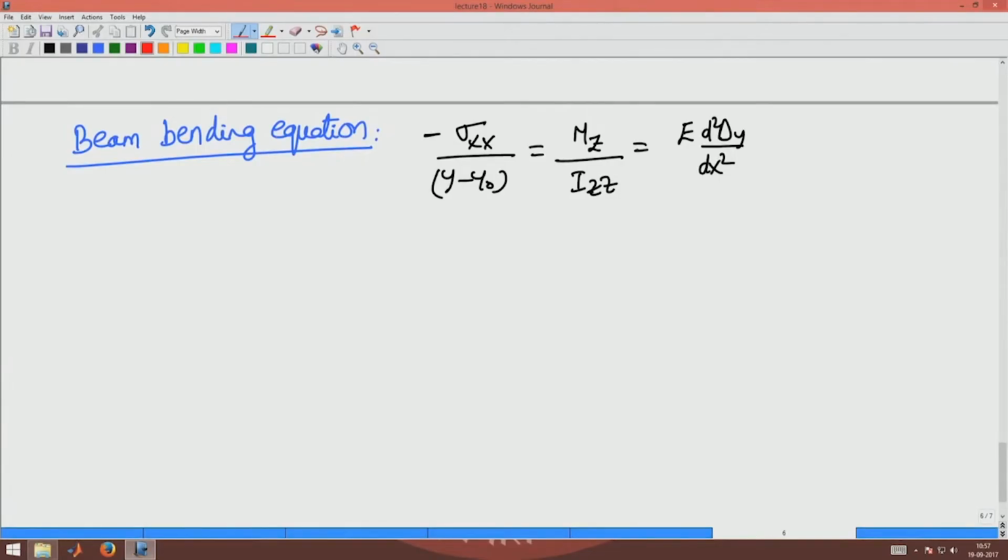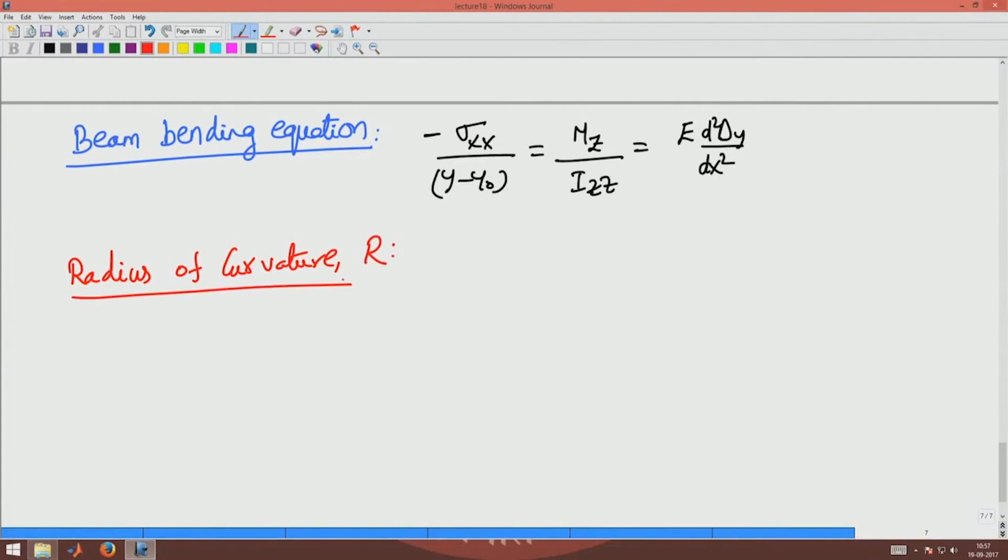Now, let us understand what radius of curvature is first. What we are trying to do is understand the meaning of radius of curvature R. Say I have a curve like this.